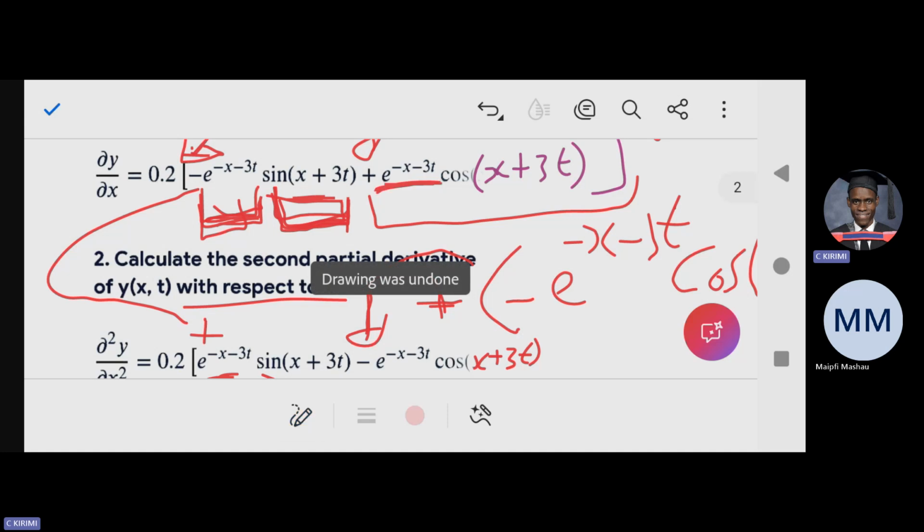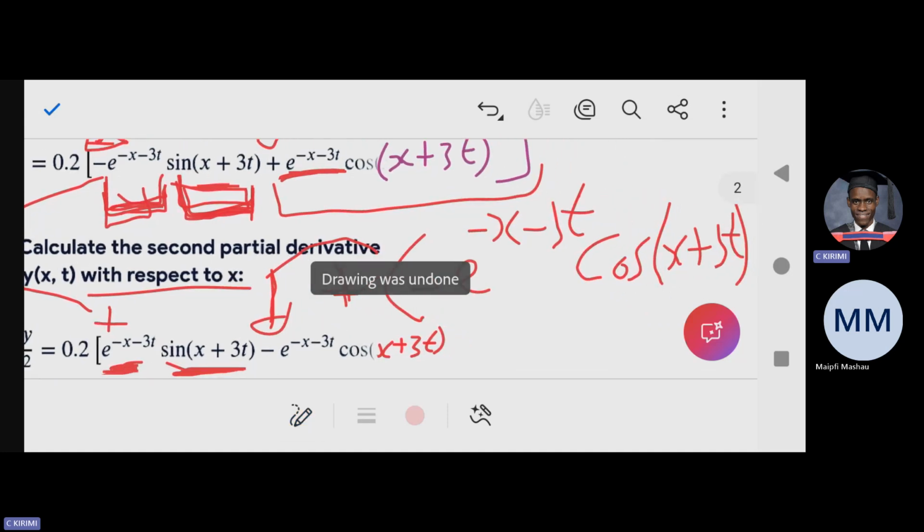So here I'm going to write that it's going to be negative e to the power negative x minus 3t. I'm done. Then I must keep the second one as a constant, isn't it?